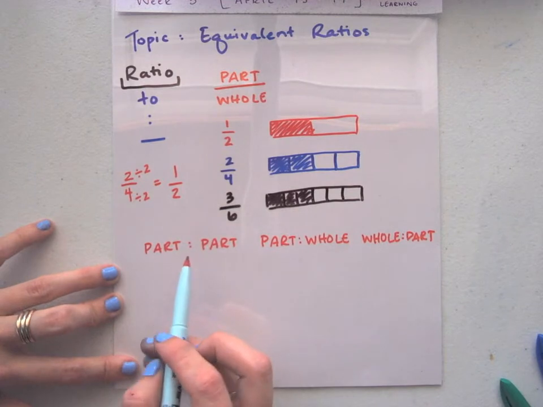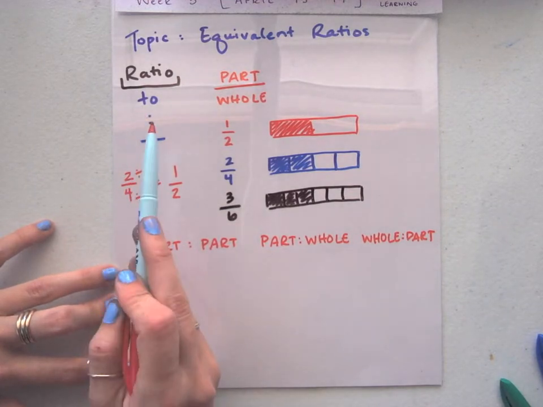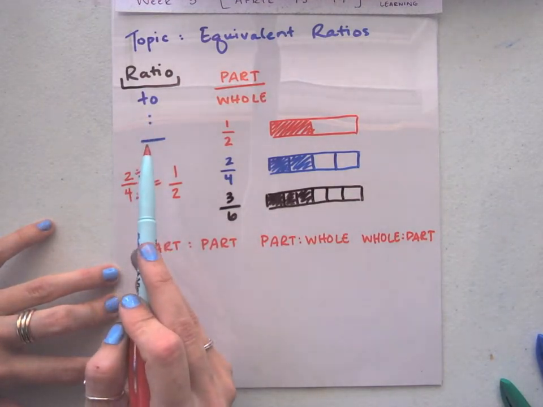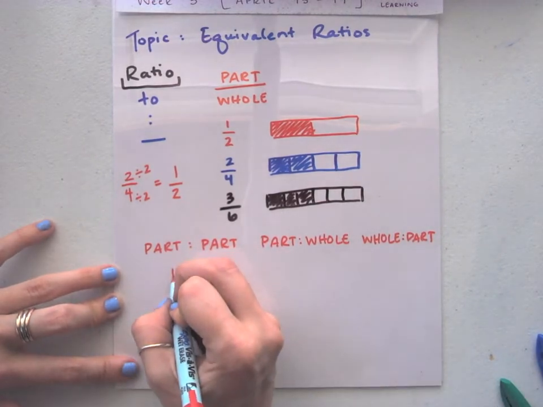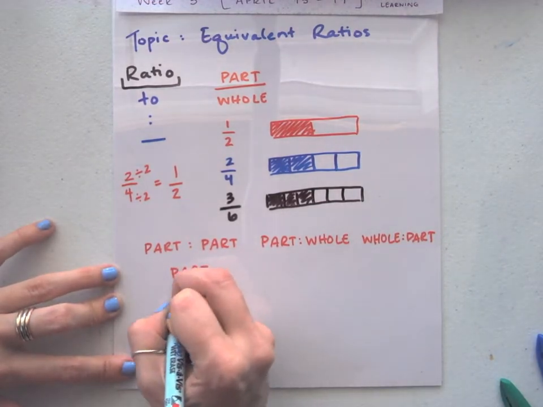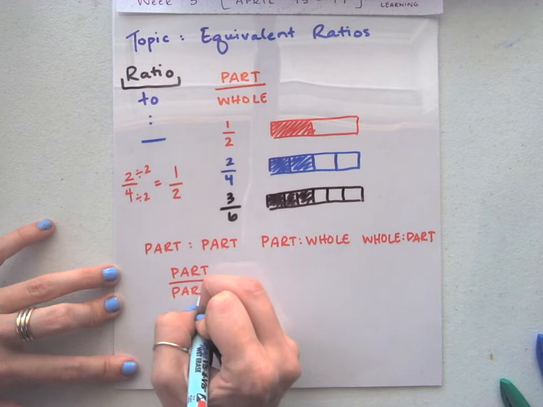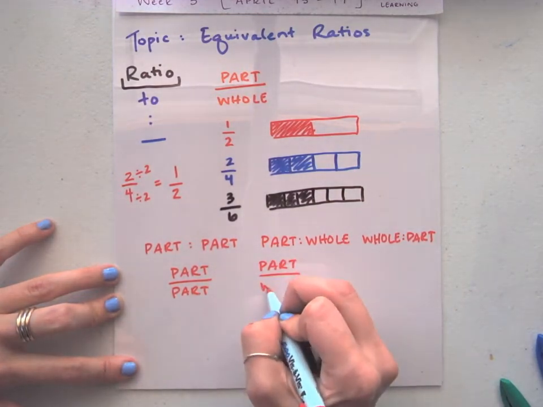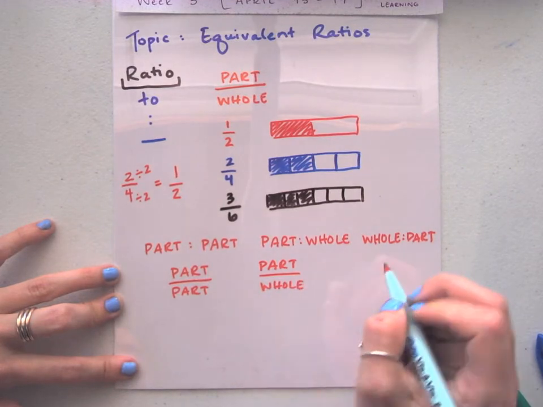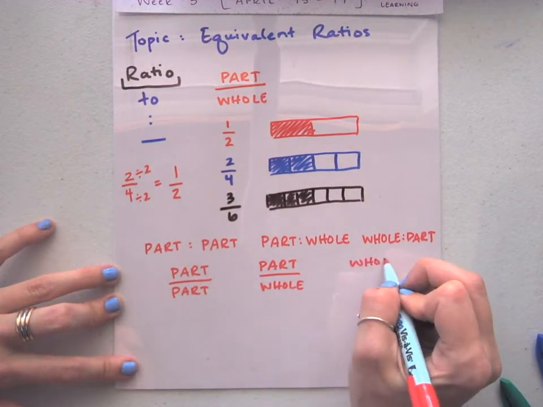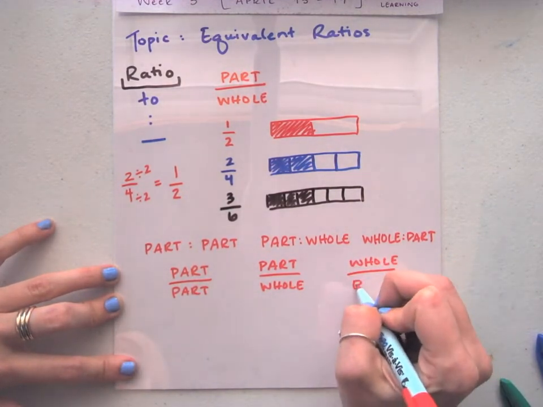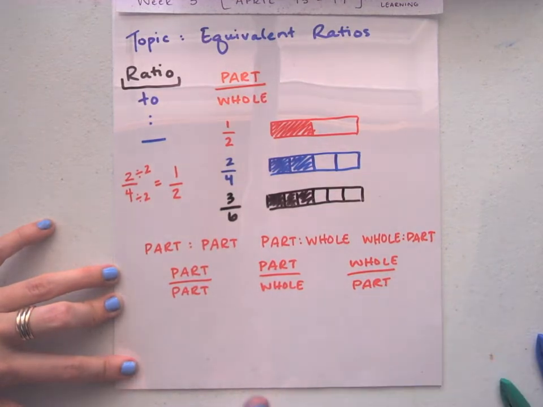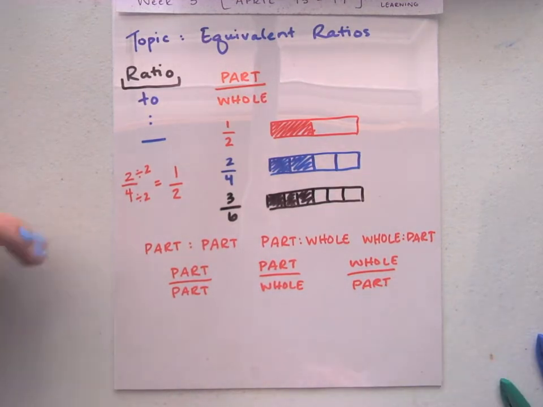And since we can use all of our symbols, the word "to," our ratio symbol, which is the colon, or write it as a fraction, we can write ratios as a part over a part, a part over a whole, like a fraction, or a whole over a part. All we are doing is comparing 2 quantities using division.